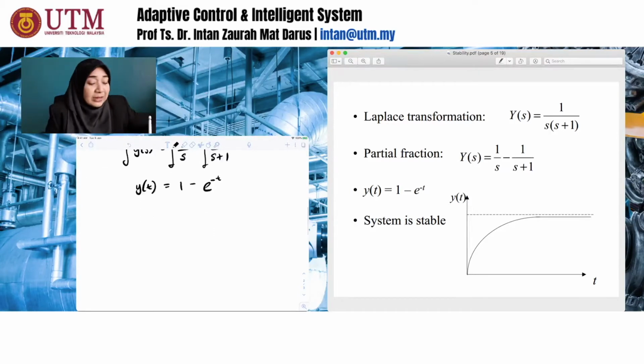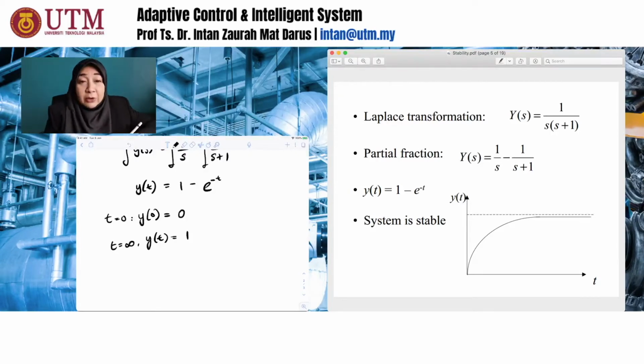If I plot the graph by giving values of, for example, t equals 0, and substitute t equals 0 into my negative exponential, it will give me a value of 1. Then 1 minus 1 is, of course, 0. So you will start with y equals 0 when t equals 0. When t equals infinity, y(t) is going to be equal to 1 in this case.